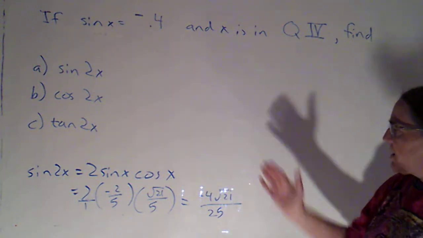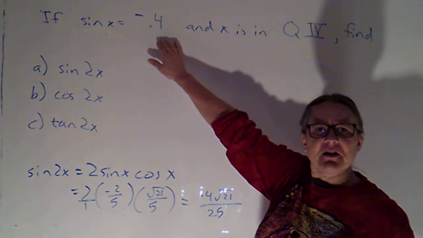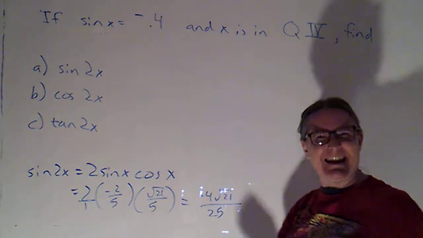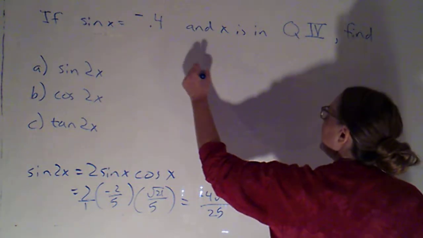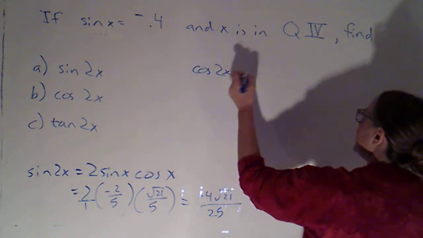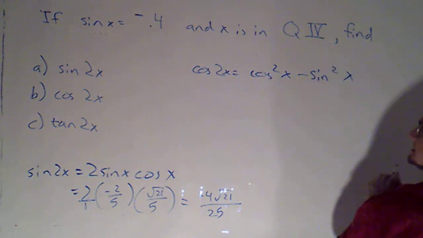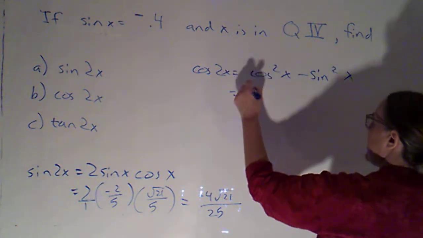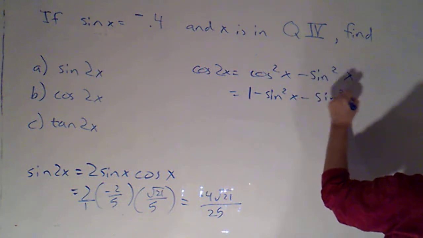If I want, I could use the version that involves both of them, but it might be a little bit safer to just use this one, because if I made a mistake in calculating cosine, that could affect my answer. So I think I'm going to say cosine of 2x. I know it's cosine squared x minus sine squared x, but I can replace that with 1 minus sine squared x minus sine squared x.